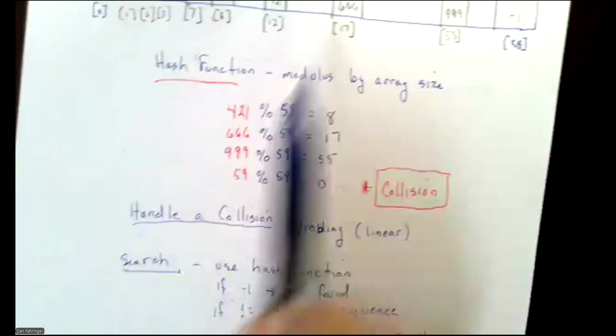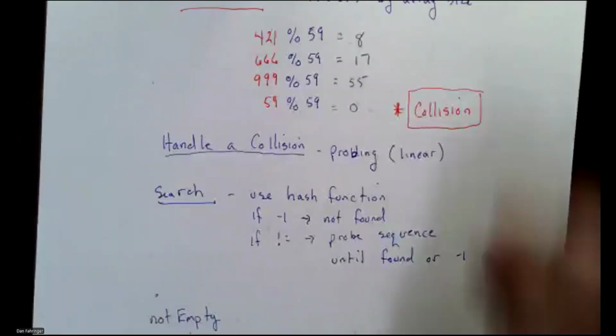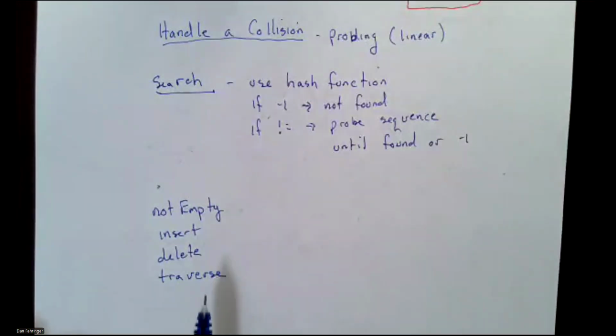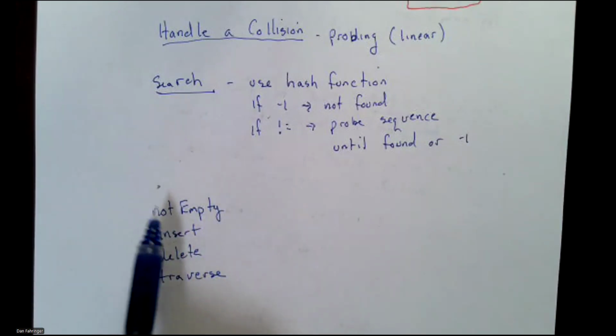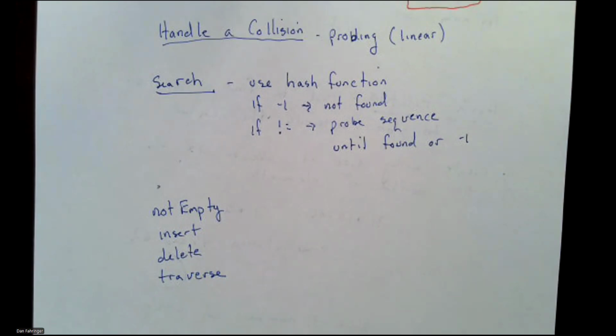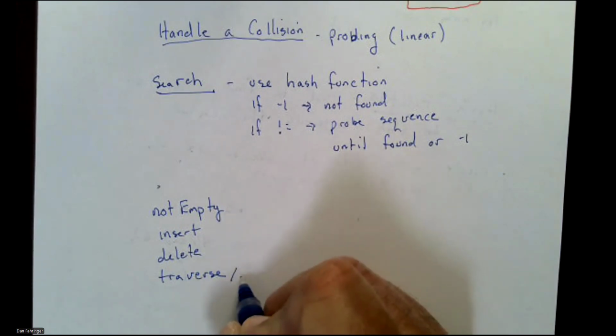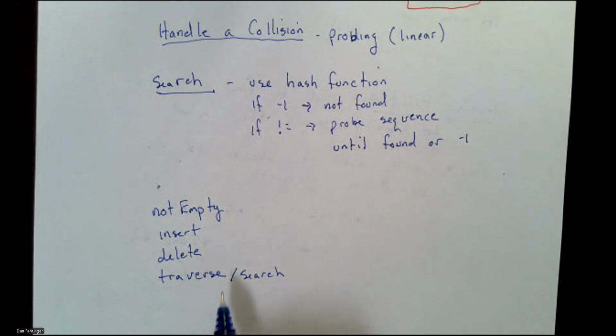We could print out what we have all the way across. But this brings up a question of not empty. Is it empty? Is it full? Keep track. Insert. We just looked at how to insert. Traverse. That would be traverse slash search because we're searching for a number. Traverse might be more if we're just printing. Delete.